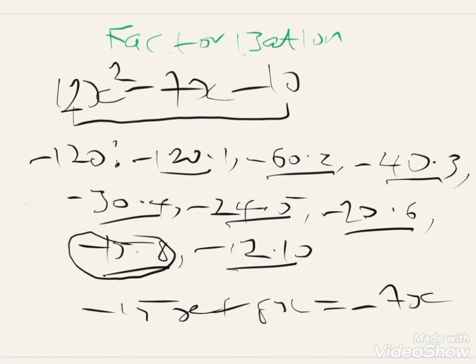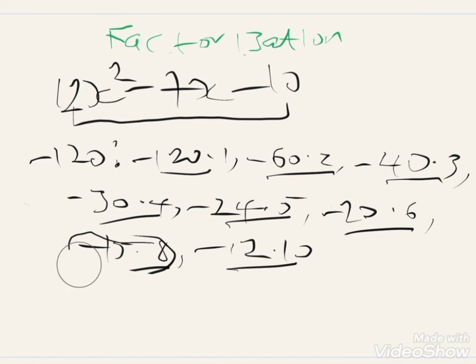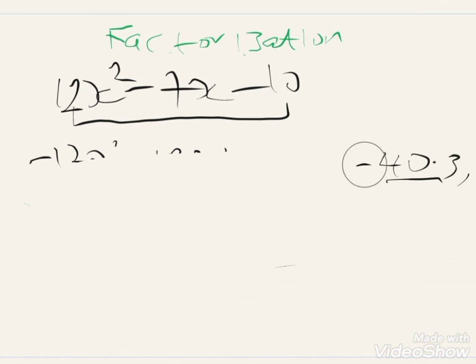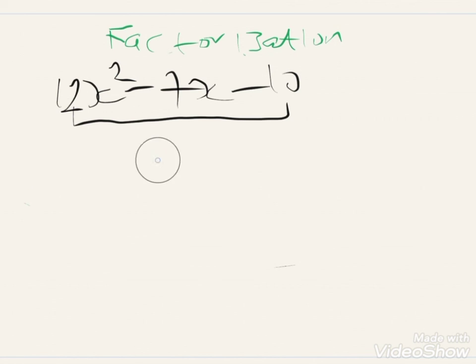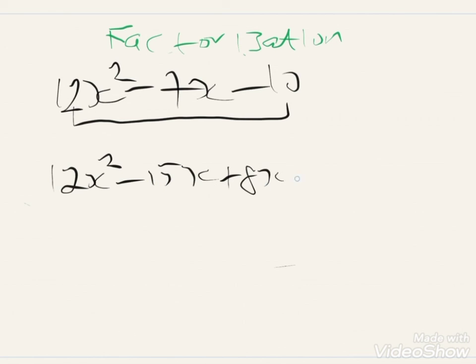The sum of it gives us minus 7. So let me clean these factors to do my substitution now. Okay, so now I have 12x squared, in place of minus 7x, I will have minus 15x plus 8x minus 10. Then I shall group into two binomial factors.